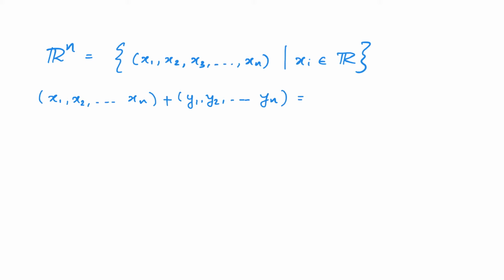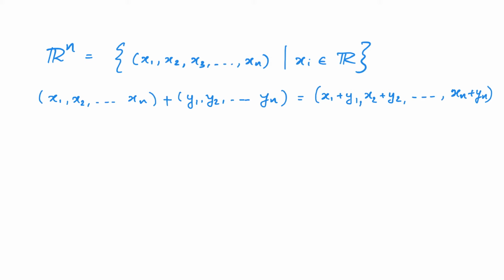What is the sum of those two elements? You just do coordinate wise addition. That means we take x1 plus y1, x2 plus y2, comma, etc. up to xn plus yn. And this we treat as the sum of the two elements x1, x2, etc. up to xn and y1, y2, etc. up to yn.